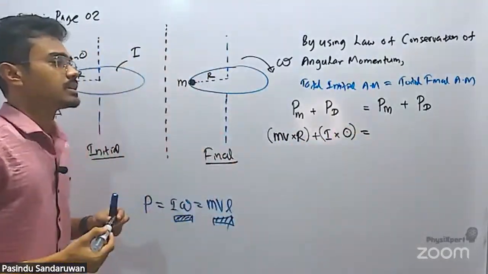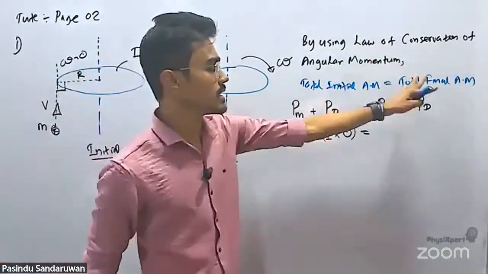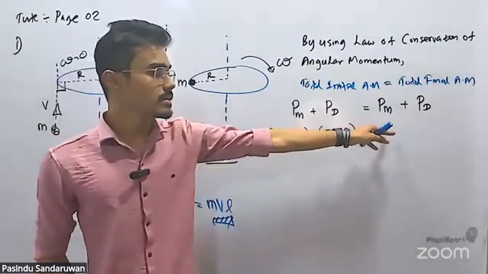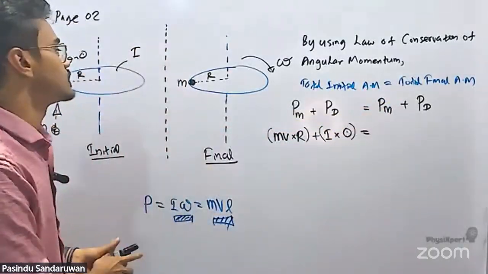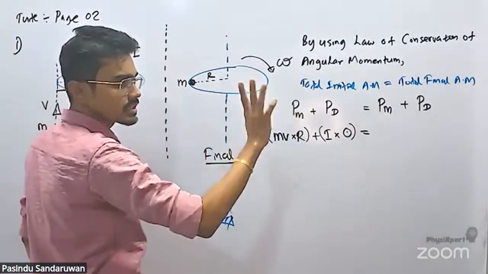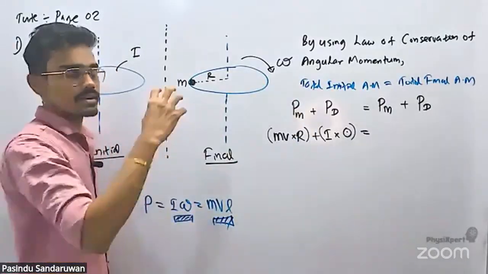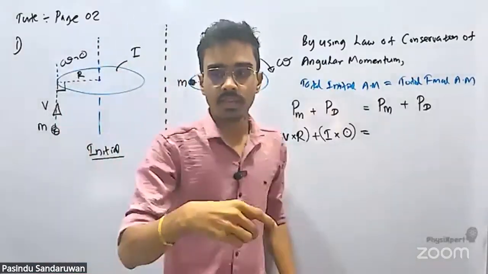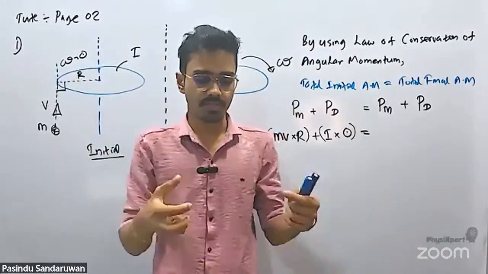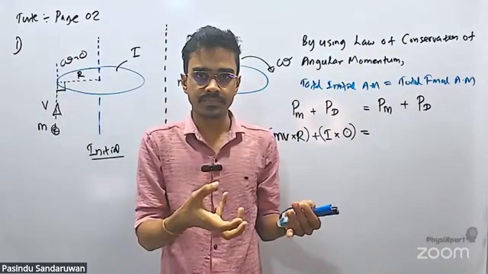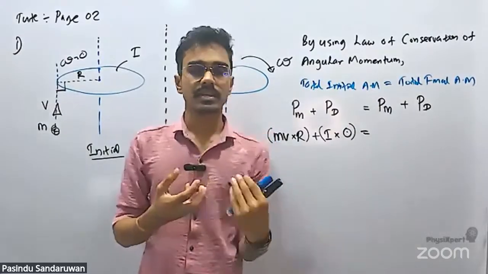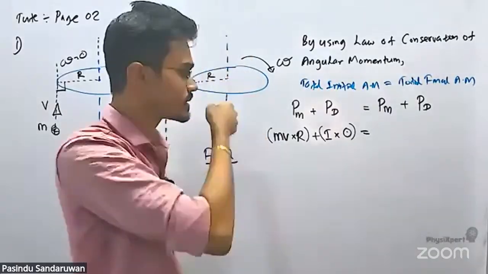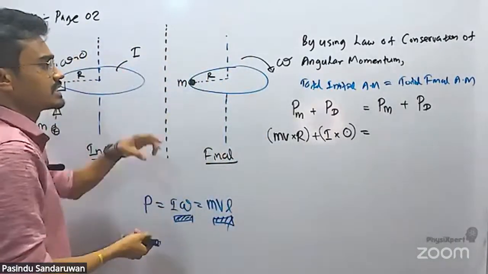Then on this side, we have final values. Final angular momentum of M: M doesn't have any linear velocity, but he is sitting on the disk now. Then both are rotating with the same angular velocity, because when the disk rotates, the child sitting on it also rotates with the same angular velocity.